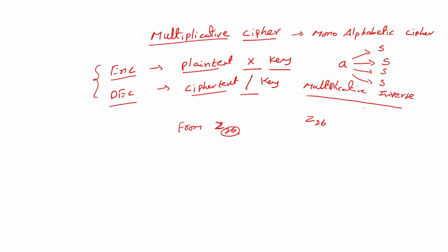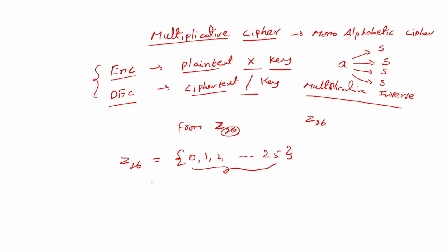For example, if you take 26, it is a set of values from 0, 1, 2 and so on up to 25. Here all the values do not have multiplicative inverses, only some values have a multiplicative inverse.